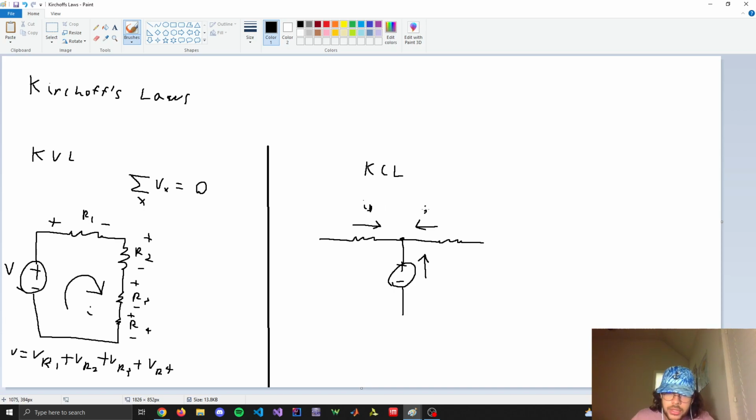I1, let's say this is I2, and this is I3. So in this node right here, marked by this dot, each of these 3 currents is flowing into the node. So I1 plus I2 plus I3 is equal to the current flowing out, which in this diagram, I drew no currents flowing out, so it's 0. That's Kirchhoff's current law.